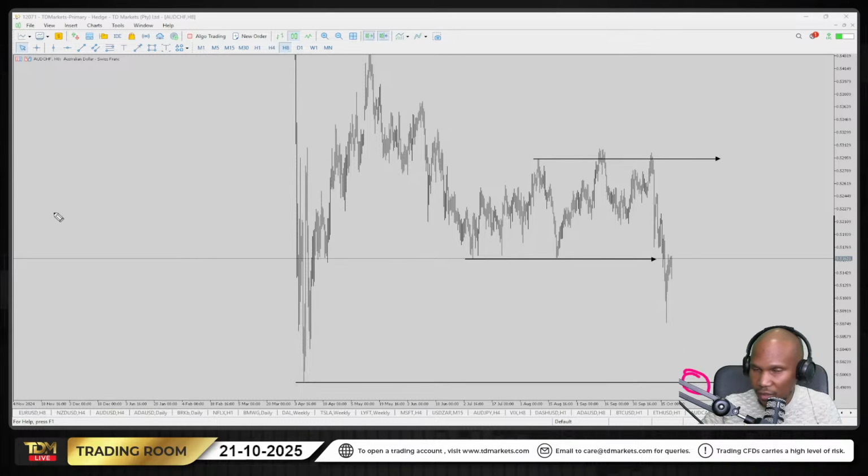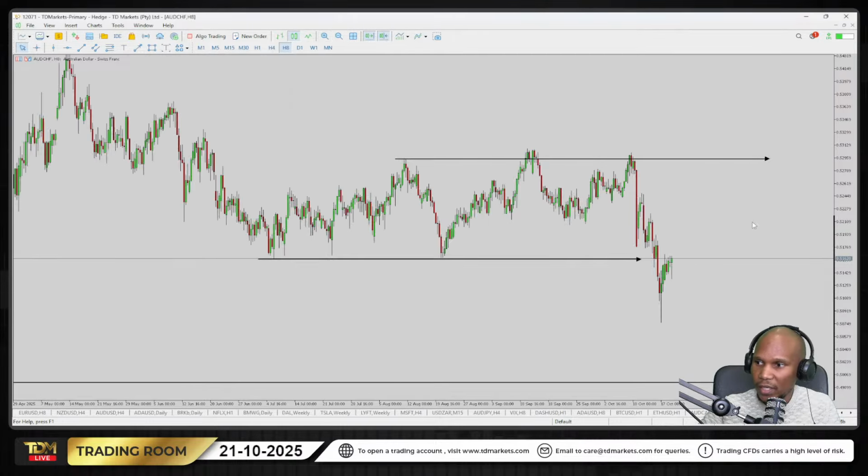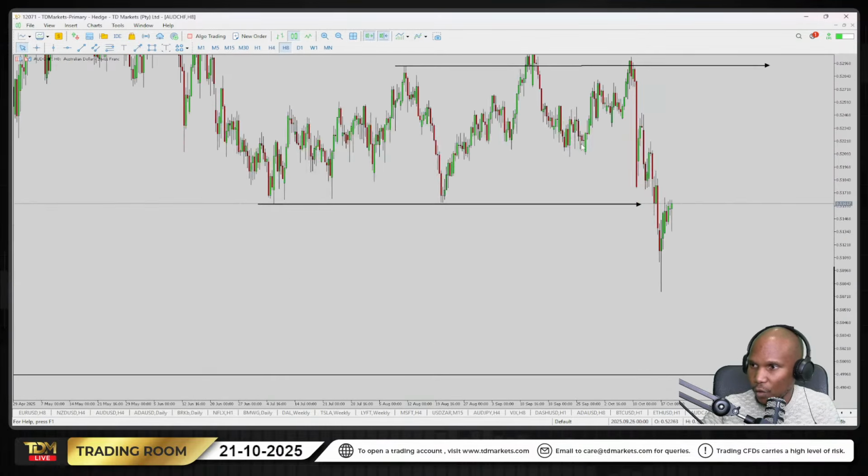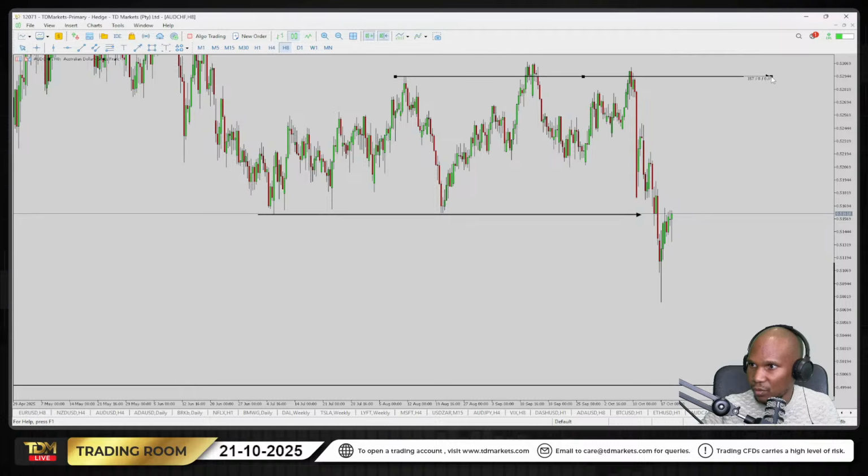So we are dealing with this price action now. You've got the impulse, right? The market went down in an impulse. It broke the structure. So we are likely going to see AUD Swiss pulling back, retracing before it resumes that momentum towards the downside, right?